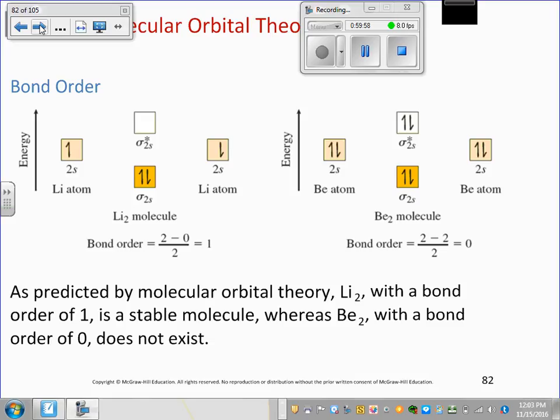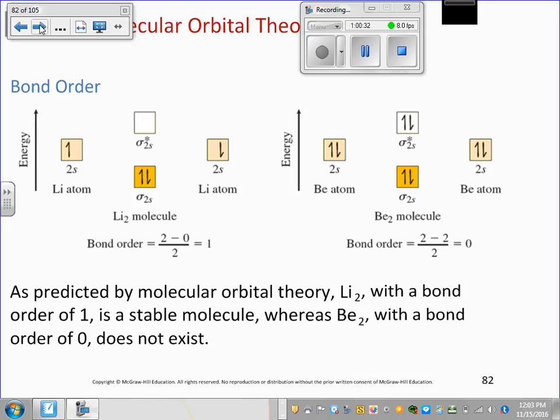So what do we have here? The sigma 1s, then you have the sigma 1s star, and sigma 2s, and then the sigma 2s star. So we have 3 electrons here, and here we have 3 electrons.